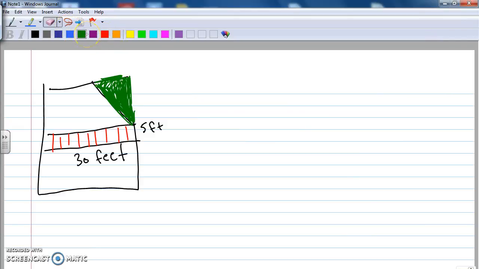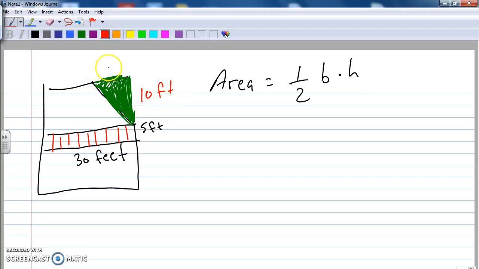Okay, so the green grass. Now this is slightly different. Remember our area formula for a triangle. So our area is 1/2 the base times the height, which of course you'll have to measure and define for your project. So let's say that this is 10 feet, and this is, let's say, 8 feet. Okay, so we're going to call this 10-foot section the height of our triangle.